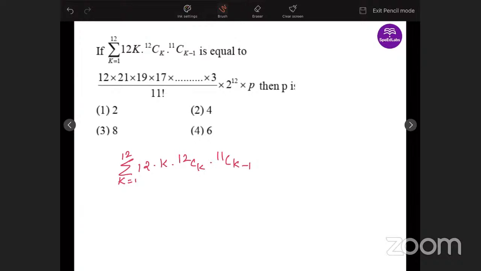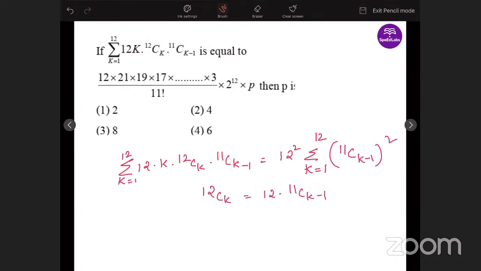So 12Ck, can I write this as, let me take the 12 square out, which I can write as sigma k equals 1 to 12, 11Ck minus 1 the whole square. 12Ck को can I write it as 12 times 11Ck minus 1? Yes, sir, we can write. So that's what I have written. And ये जो 12 already है existing, so that 12 square came out.